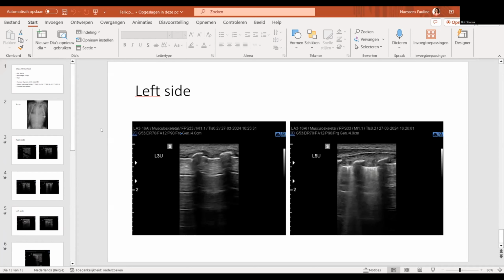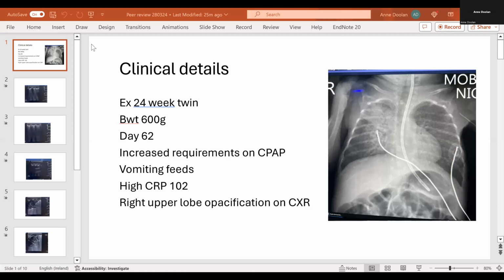Okay, we've now got Anne. Do you want to share? Yeah, no bother. Lovely, that's fantastic. And then we'll have Surjit and then Dr. Ashraf. Can you guys see that now? That's beautiful. Perfect.